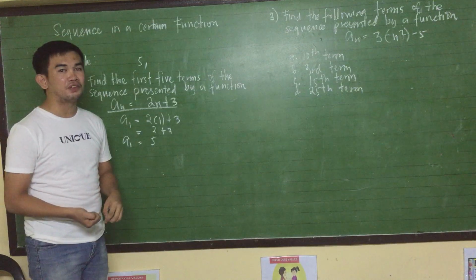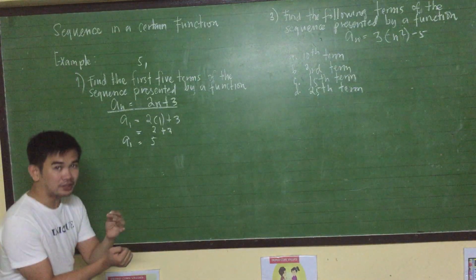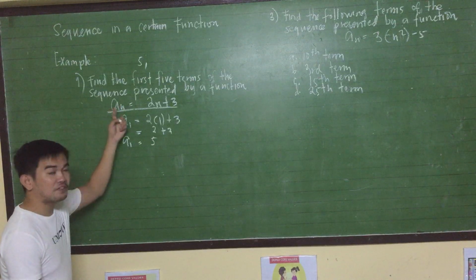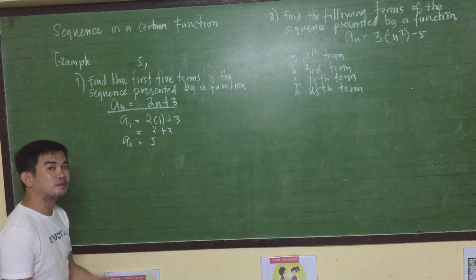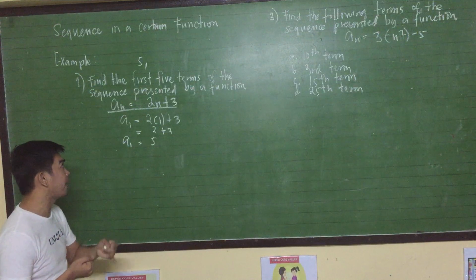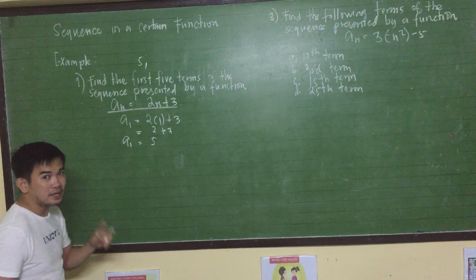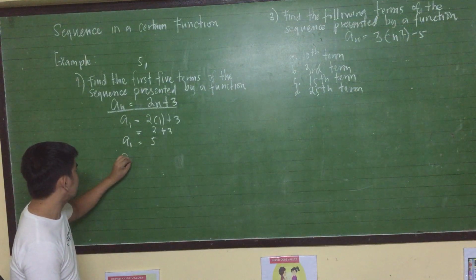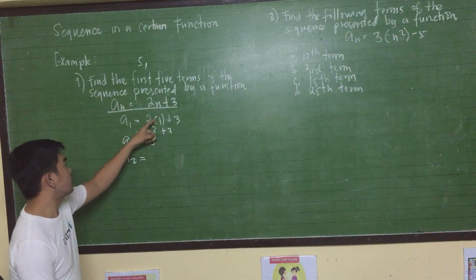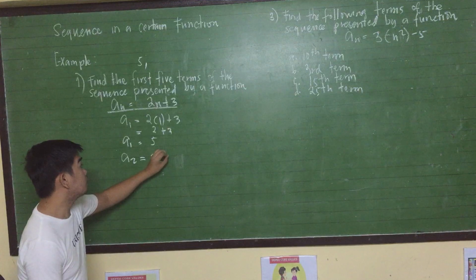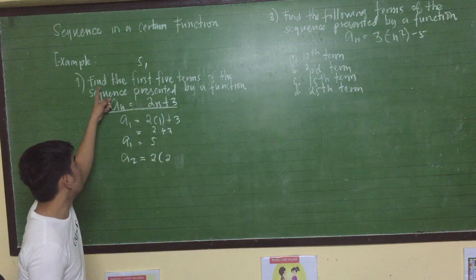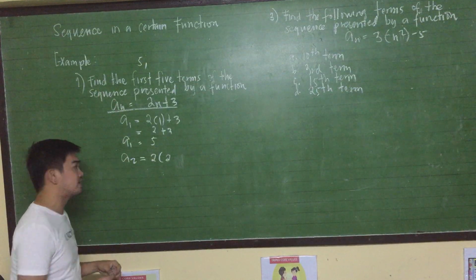So let us now look for the second term. So for the second term, we copy also the given function, and then we will just substitute the value of n, which is 2, because 2 is the second missing term. Okay, so a sub 2 is equal to 2 times 2, because the next value of n is 2 in the given equation or the given example.